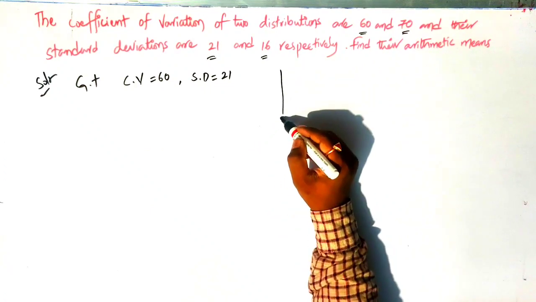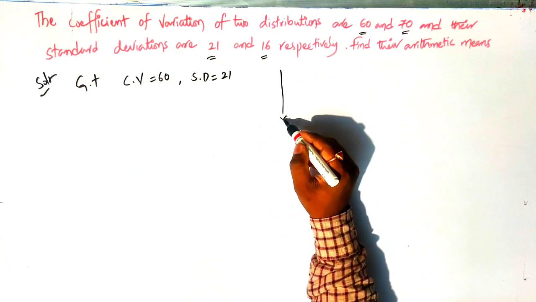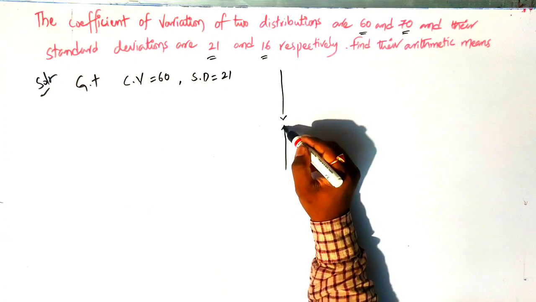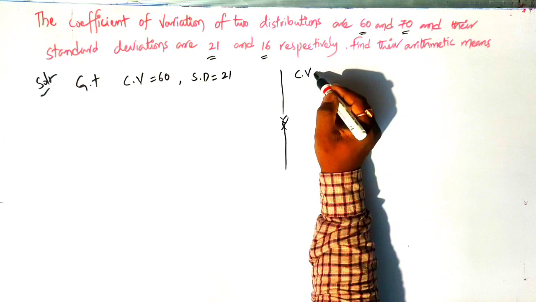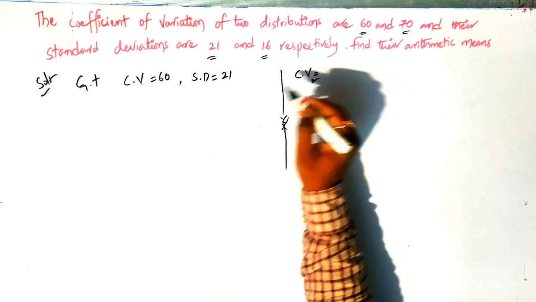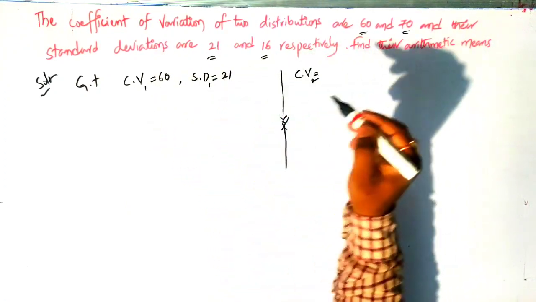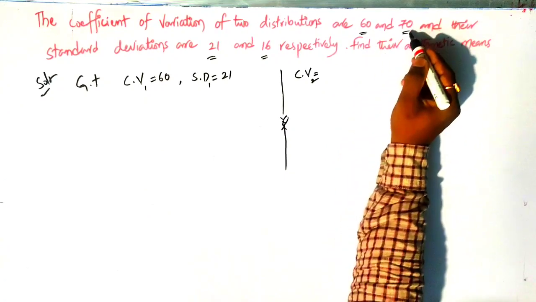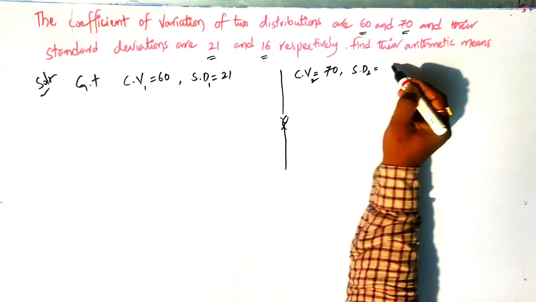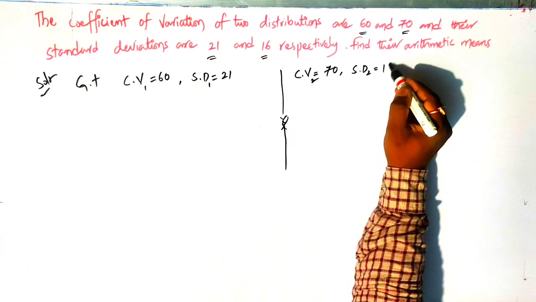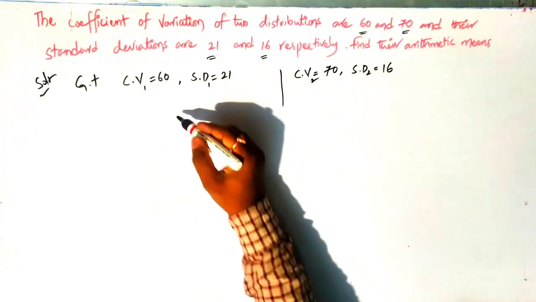And the second one is also given here: CV2 is 70 and SD2 is equal to 16.